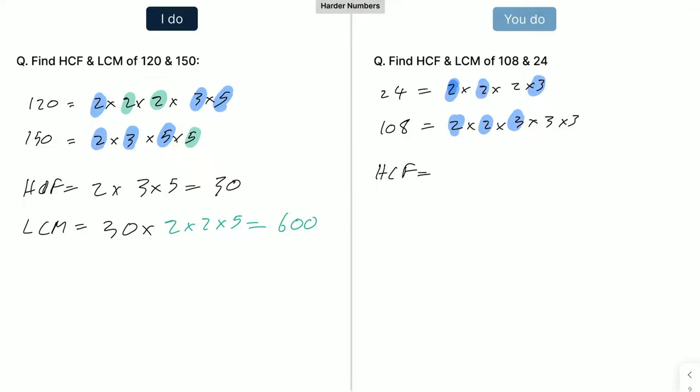That looks to me like it's 12. So that's 2 times 2 times 3, which is equal to 12. And the LCM is simply going to be 12 times all the remaining numbers. That's going to be 2, 3, 3. And that becomes 216.